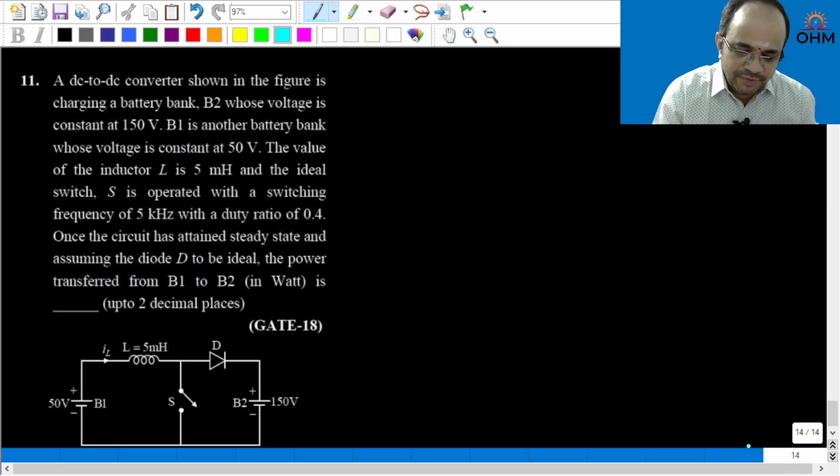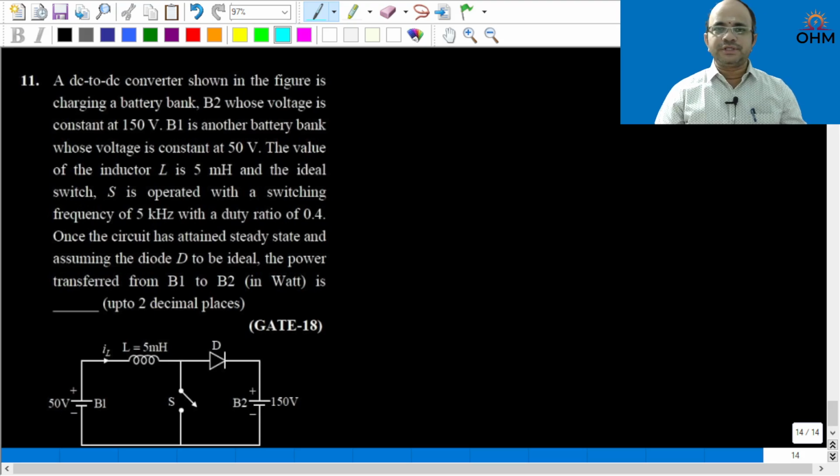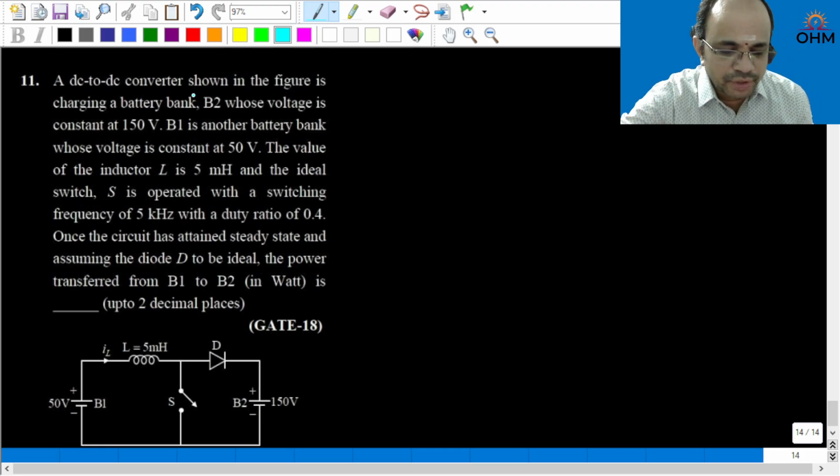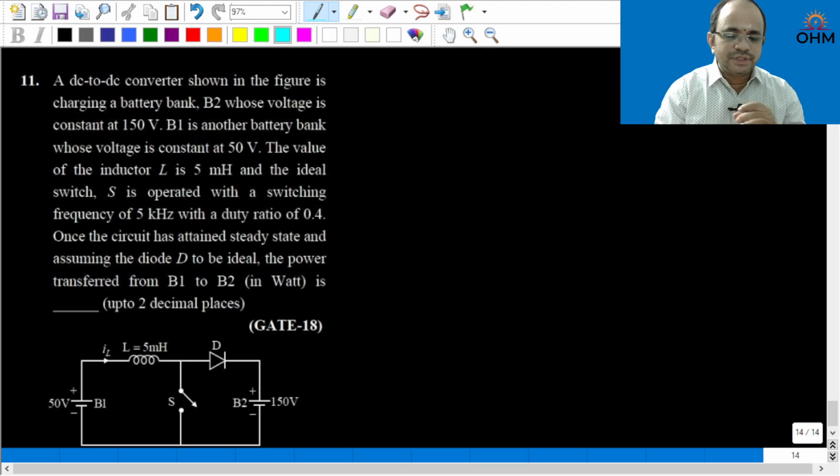Now, in the same exam, GATE 2018, from DC to DC converters, one more conceptual question is given. Let us look into that. A DC to DC converter shown in the figure is charging a battery bank B2, whose voltage is constant at 150 volt. B1 is another battery bank whose voltage is constant at 50 volt.